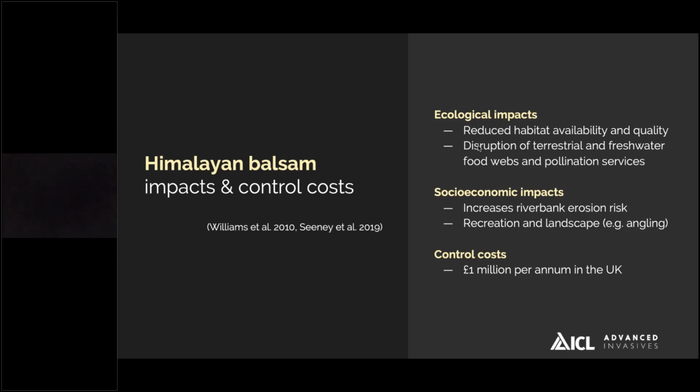In terms of the socio-economic impacts, you've got a direct impact on erosion risk, and certainly in terms of activities like angling, access to riverbanks invaded by balsam can be difficult. In terms of the control costs, we're looking at around £1 million per year, but this is likely to be a significant underestimate of the true spend on balsam management at the UK scale.